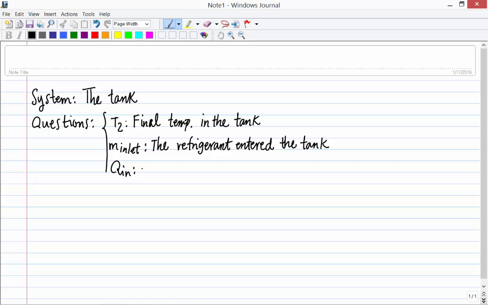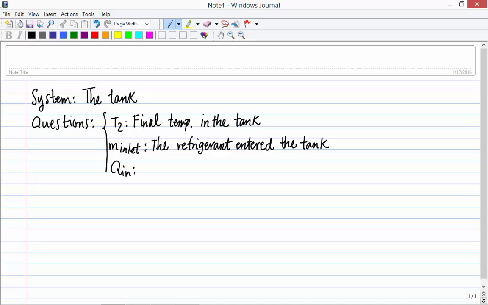So I just define it like Q in. I assume that the heat is going into the system. If I get a negative value, it means my assumption was wrong, so heat is going out of the system. So I will stay with Q coming in.